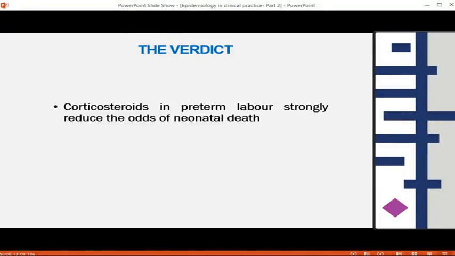And it's a relatively cheap intervention, and let's give it a shot. So this is how, in clinical practice, you can use evidence from a systematic review of randomized trials to inform our patients about what the research evidence is.